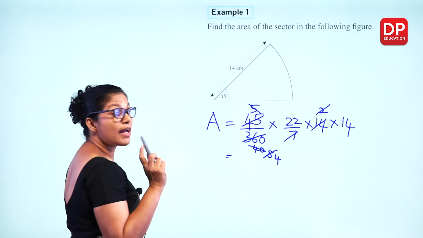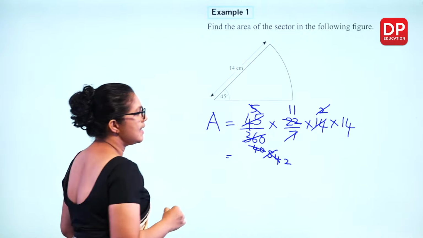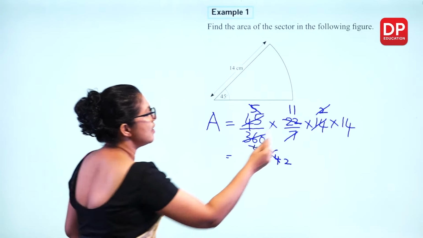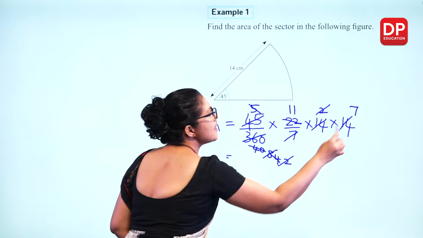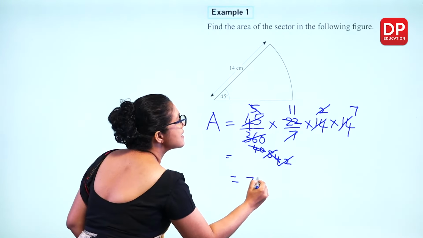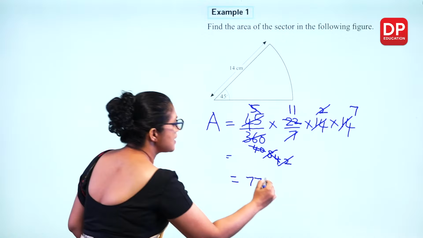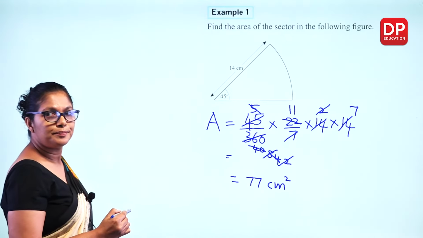Again you can divide by 2. 2 times 2, 2 times 11. So again 14 and 2, you get 7. So 11 times 7, you get 77. What's the unit? Square centimeters.